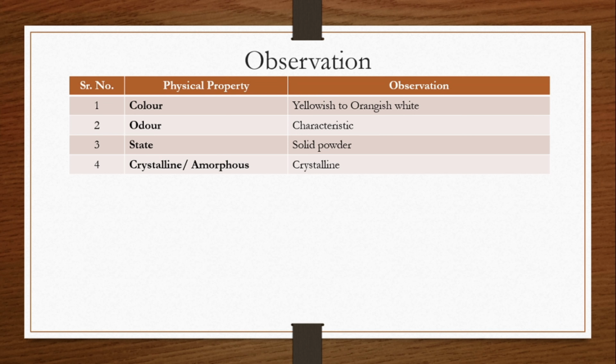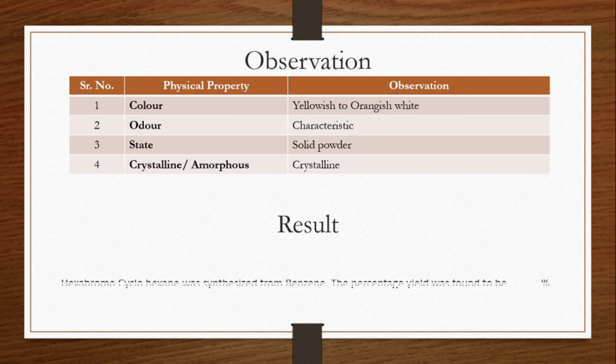The state is solid powder, and further, is it crystalline or amorphous? We have seen under a microscope that the structure of the product formed is crystalline. At the end we will write the result, that is, hexabromocyclohexane was synthesized from benzene and the percentage yield was found to be whatever percentage you will get. Write down that percentage at the end.